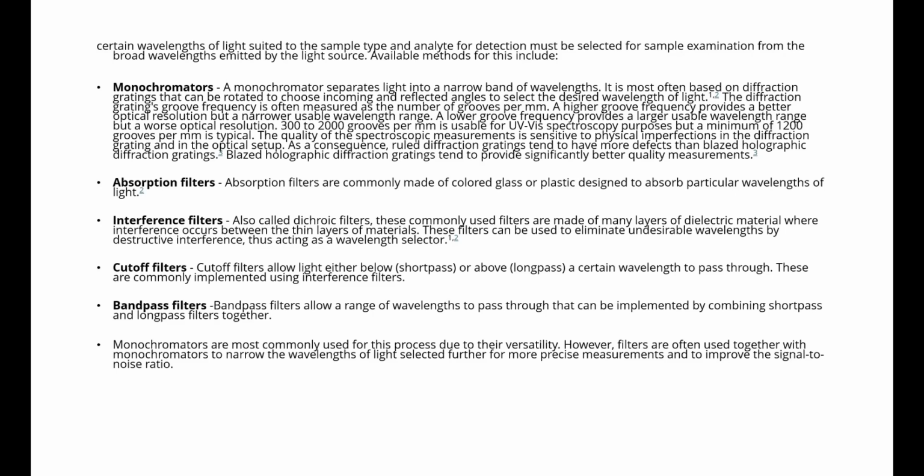So the higher the groove frequency, the better frequency selection and optical resolution you get, right? Lower groove frequency provides a higher usable wavelength range, but the resolution will be bad. So what do you want to have? High groove frequency, which is going to give you good quality resolution and better selection of a desired wavelength.